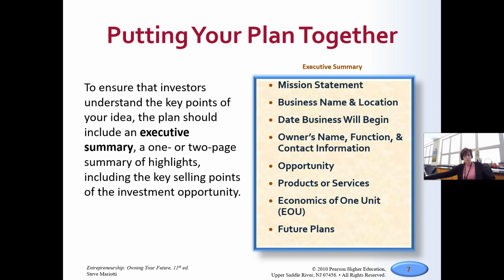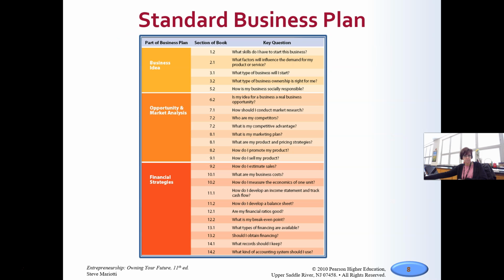In that executive summary, you come up with a mission statement, your business name and location, the date that your business will begin, your owner's name, function, and contact information, any opportunities, products, or future plans, and then you put the financial economics of one unit in this plan. We did touch upon that in a previous chapter, but we will see it in our virtual business simulation. So the executive summary is written last, and it is a summary of the details of your plan.